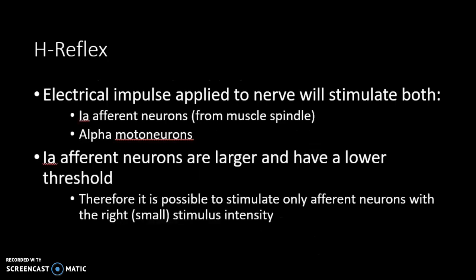So for the H reflex, an electrical impulse is applied to the nerve and will stimulate both the IA afferent neurons from the muscle spindle, as well as the alpha motor neurons. The IA afferent neurons are larger and have a lower threshold, so we can actually stimulate these, and it's essential for the precision and placement of these electrodes because we can stimulate at a very low threshold these IA afferents and cause a small muscular contraction.